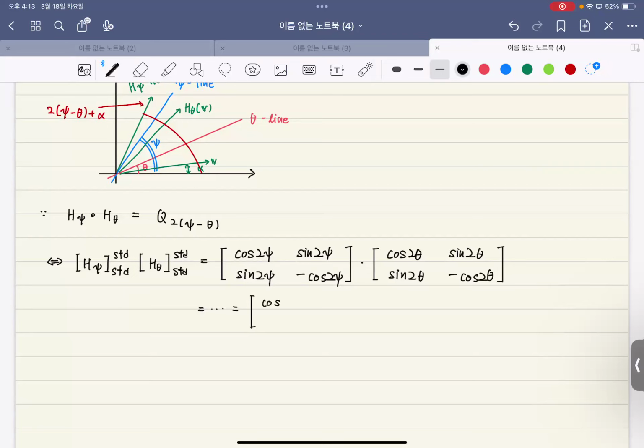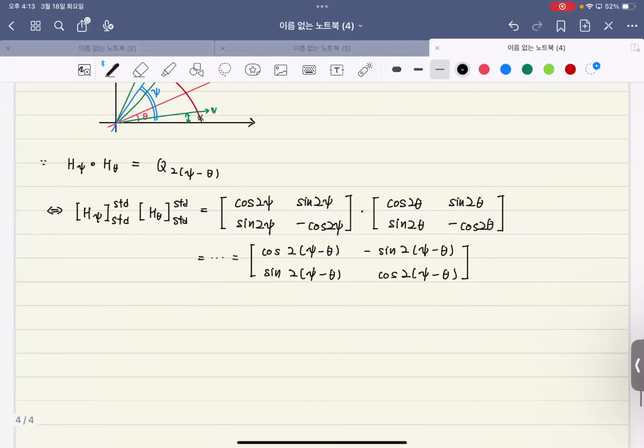The resulting matrix has cosine of 2 times (psi minus theta), minus sine of 2 times (psi minus theta), and sine of 2 times (psi minus theta) and cosine of 2 times (psi minus theta). This is what you get after multiplying these two matrices. But this final matrix is precisely the rotation by 2 times (psi minus theta). So the claim has been proved.